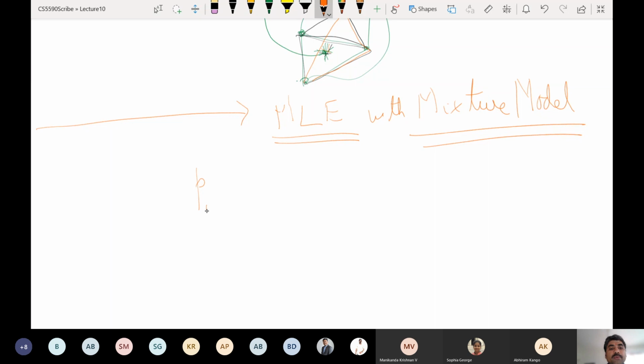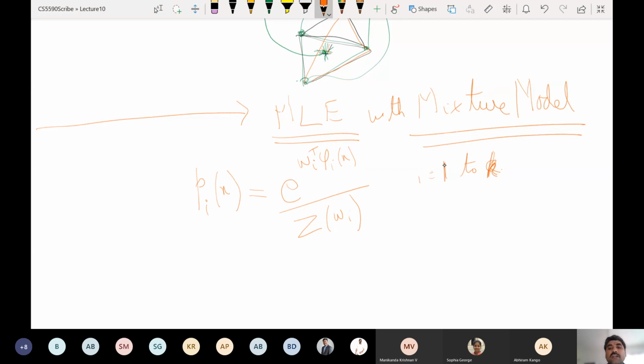Let's assume the components are each coming from an exponential family model. That means each is equal to e to the power of Wi transpose phi i of x by zwi, for i equal to 1 to k.